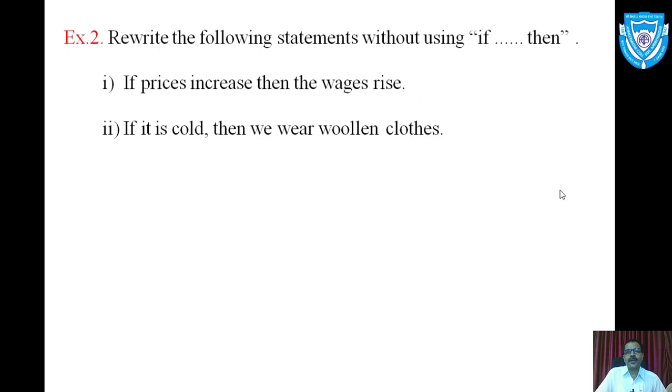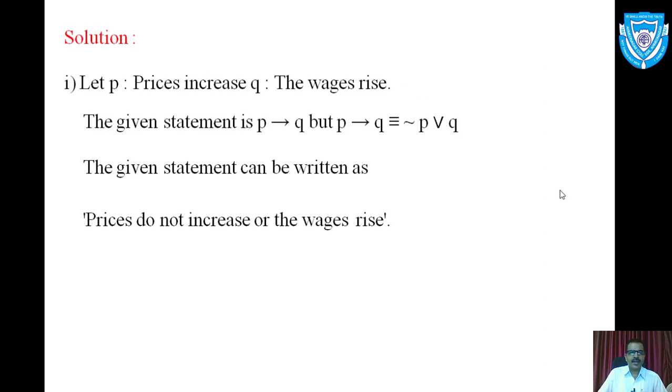Example 2. Rewrite the following statements without using if-then. Statements are in the form if-then. We have to remove if-then and write the statement in the other form without changing the meaning. The first example: if the price increases, then the wages rise. Let us denote P by price increases, Q by wages rise.